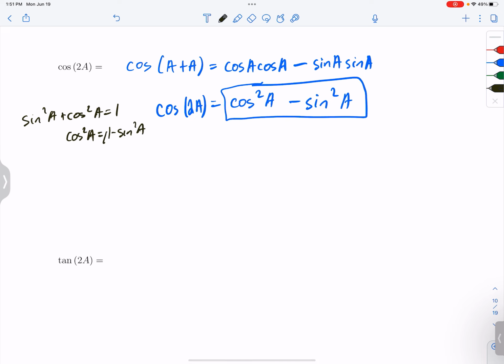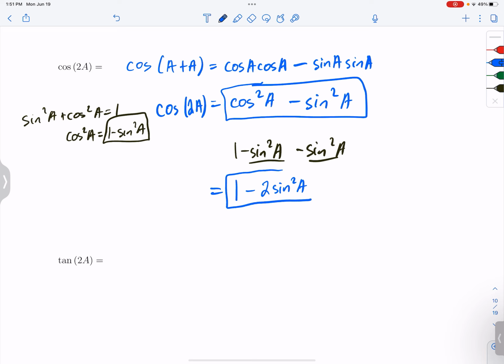I'm going to substitute this in for this cosine squared of a. And what we get is 1 minus sine squared of a minus sine squared of a. So I have two of those. So another form that the double angle for cosine takes on is 1 minus 2 sine squared of a. So that's a second version of this.